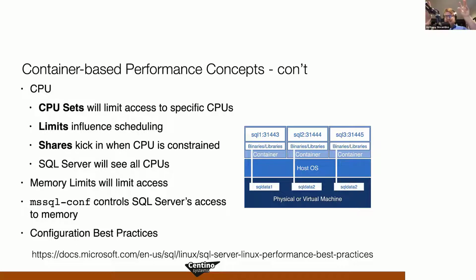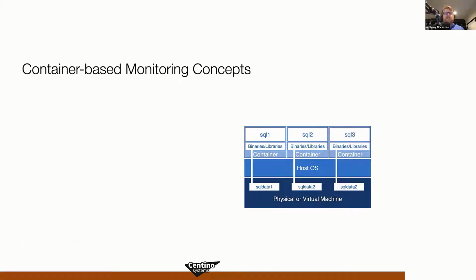They might think that they are the only thing running on the system inside the container, but in a second, we're going to look at it from the OS level, and we'll see a bunch of SQL Server processes running, and we want to make sure that they have access to the resources in the most efficient way. And that link there will teach you how to go that next mile for configuration best practices.